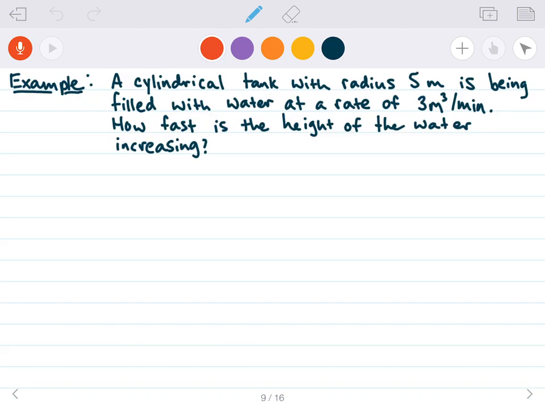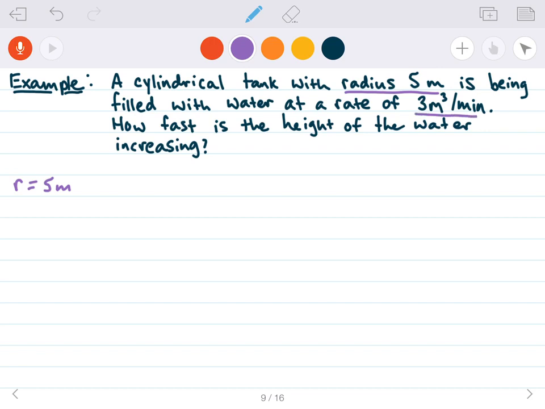A cylindrical tank with radius 5 meters is being filled with water at a rate of 3 meters cubed per minute. How fast is the height of the water increasing? All right, so the first thing we want to do is figure out our given information. So we're given that the tank has a radius of 5 meters. And then they tell us that they fill it with water at a rate of 3 meters cubed per minute.